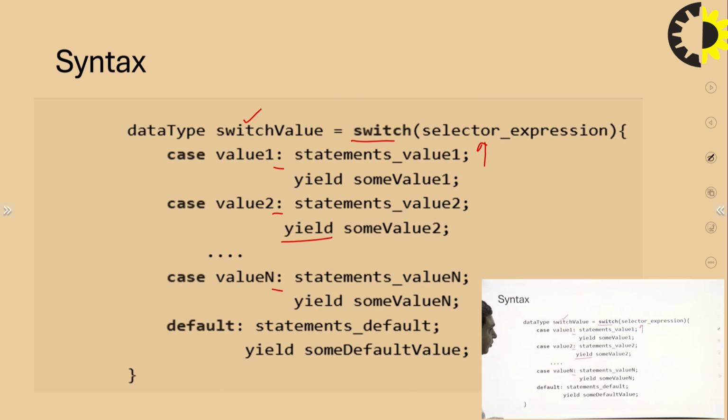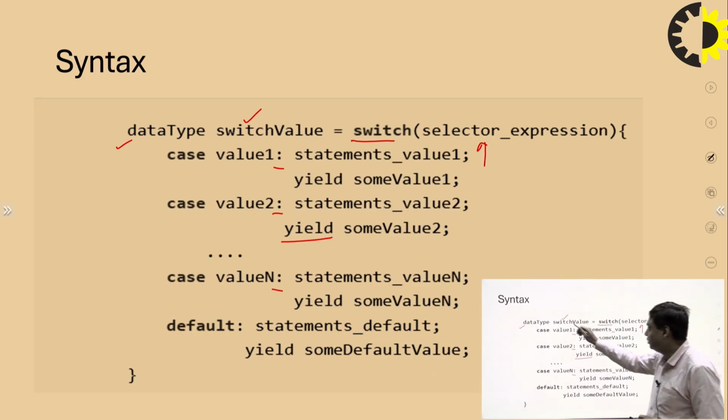Whatever value you return, you define the data type accordingly. It is a simple syntax similar to the switch statement, using the colon notation. The only thing is, this switch expression with colon notation will return a value and that value can be received in a variable.